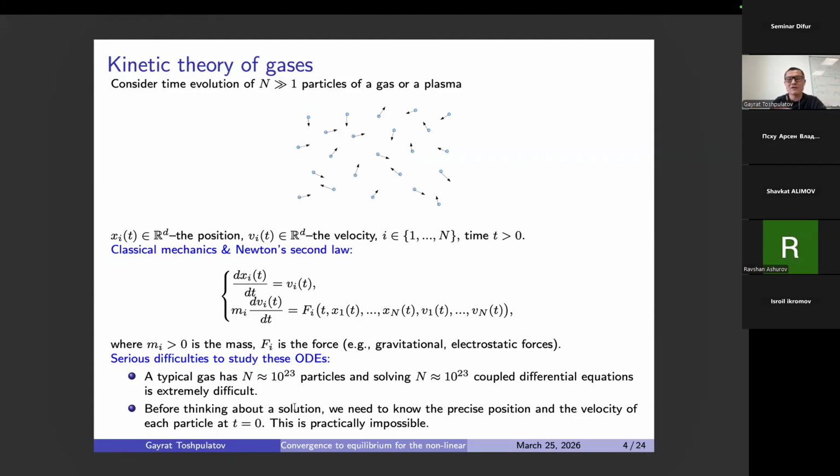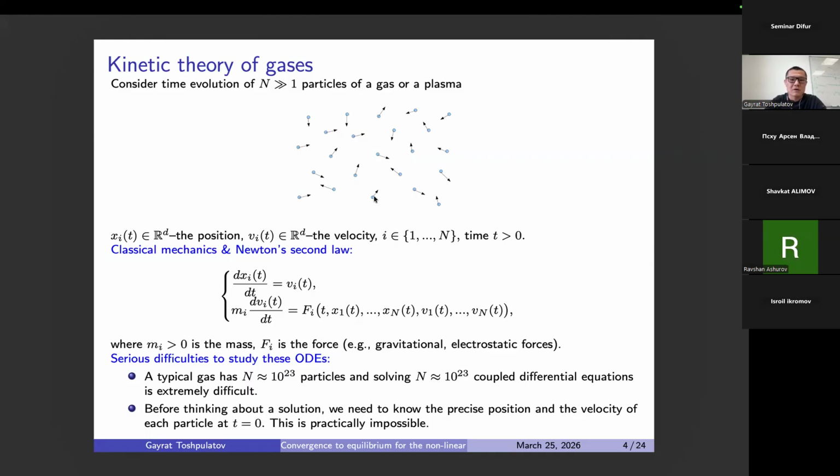Also, before thinking about solving this ODE, we also need to know the initial conditions at time t. But since we have lots of particles, in practice it is not possible to know the position of each individual particle. Therefore, in practice, it is not possible to solve this ordinary differential equation.